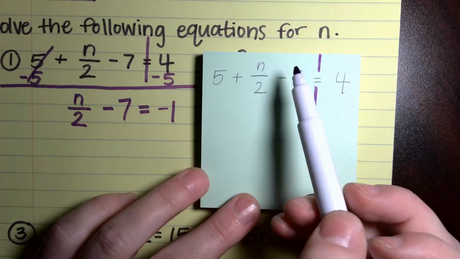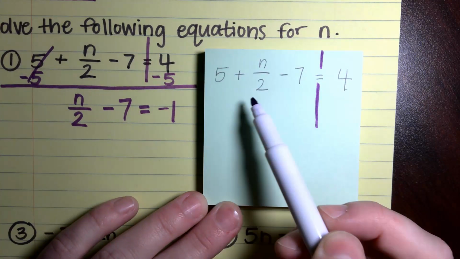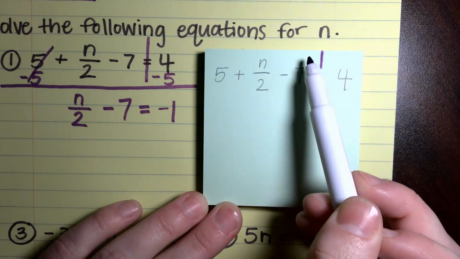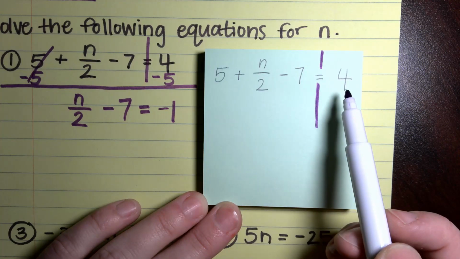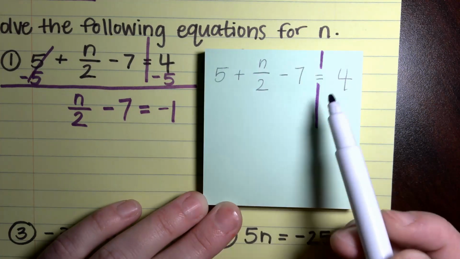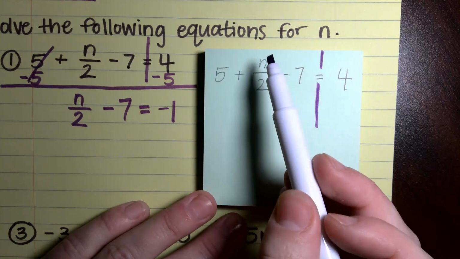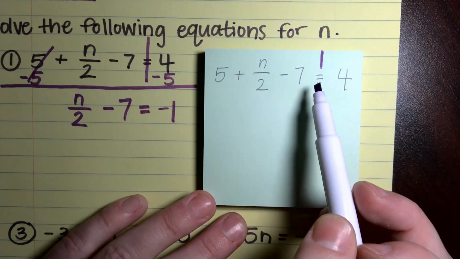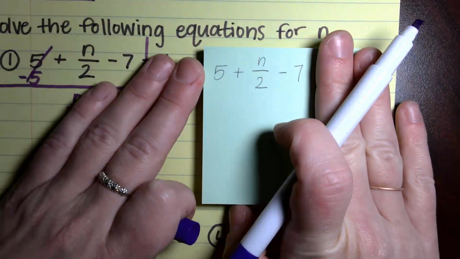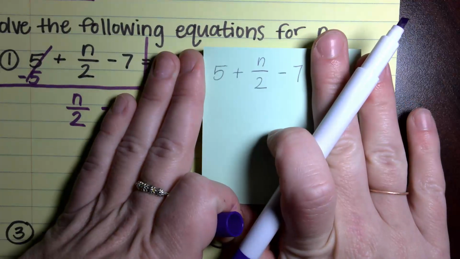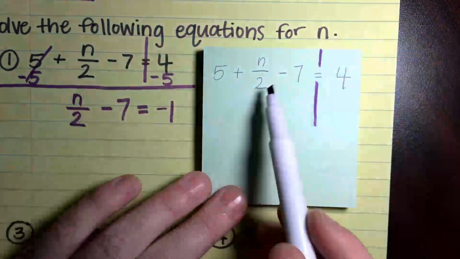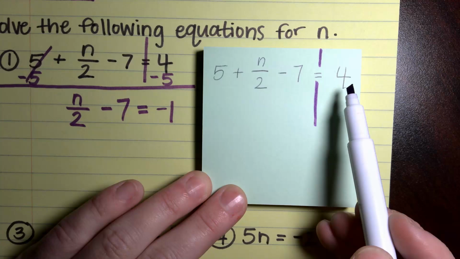What this means is that this whole thing is the same thing as 4. 5 plus a number divided by 2 minus 7. When we do this whole expression now, because I got rid of the equal sign, that is going to be equal to the number 4.